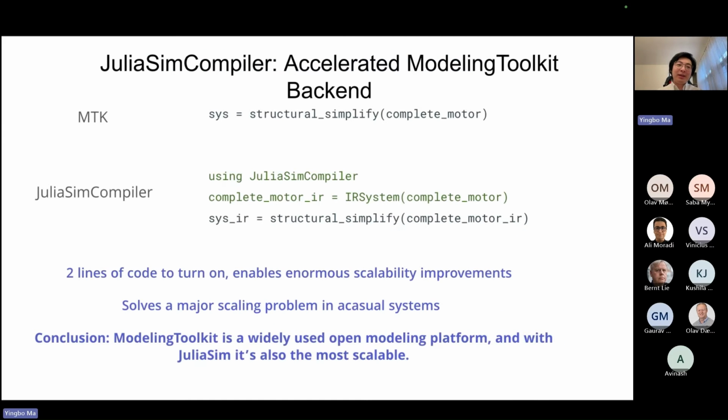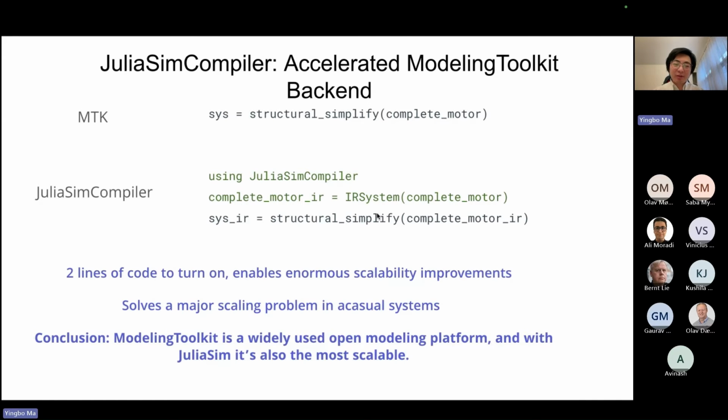So let's talk about the DigiWell compiler, which is an accelerated ModelingToolkit backend. The DigiWell compiler solves this problem by a technique called loop rerolling, and I'll talk about that later. First things first, the way to use the DigiWell compiler is just to load DigiWell compiler in the Julia programming language, and just like MTK, we need to call structure simplify.